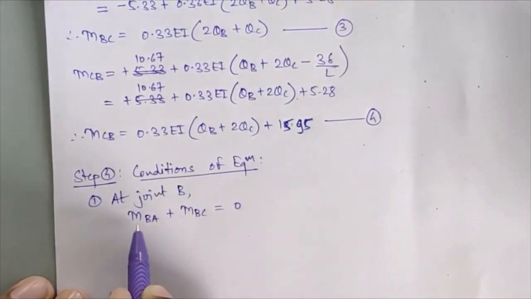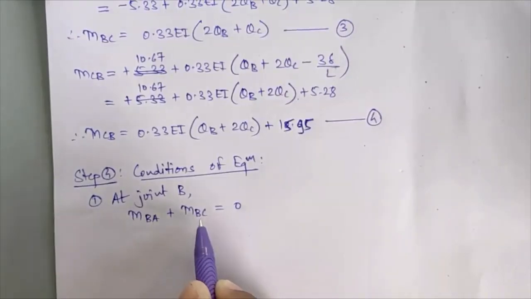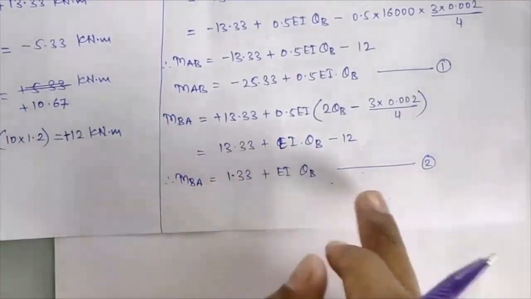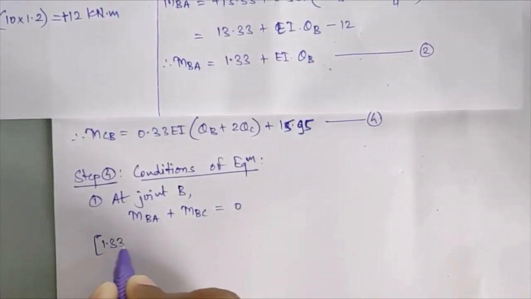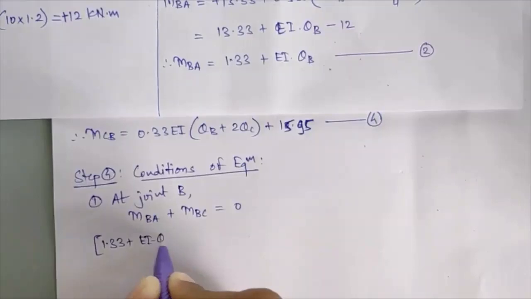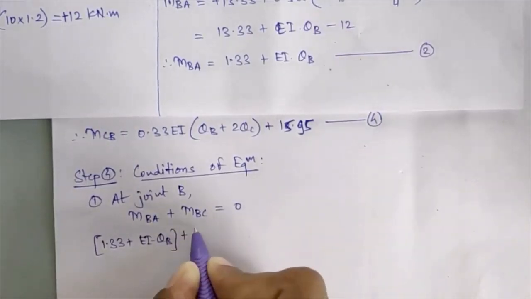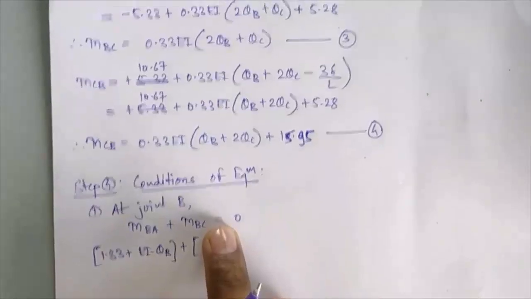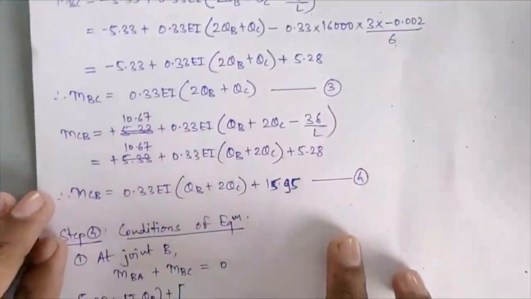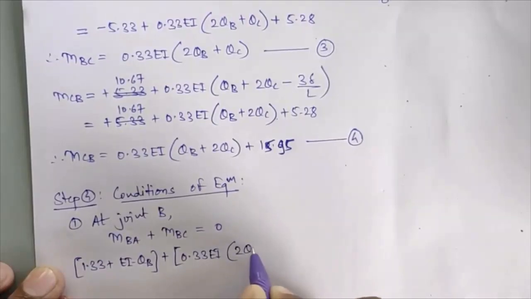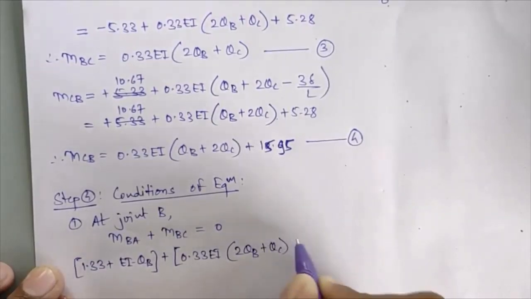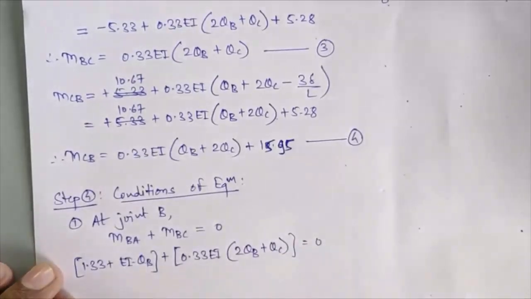So what you have to do, you have to substitute the equations of MBA and MBC over here. Equation of MBA, that is our equation number 2, I'll write that equation, 1.33 plus EI into theta B, plus equation of MBC, that is our equation number 3, I'll write that equation over here, 0.33 of EI into bracket 2 theta B plus theta C equal to 0.